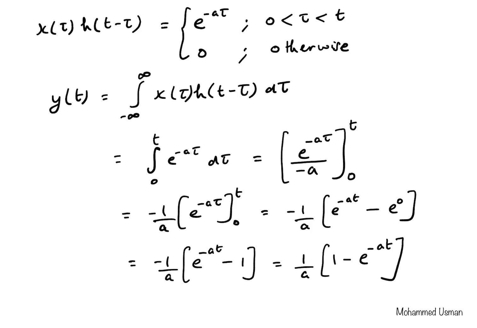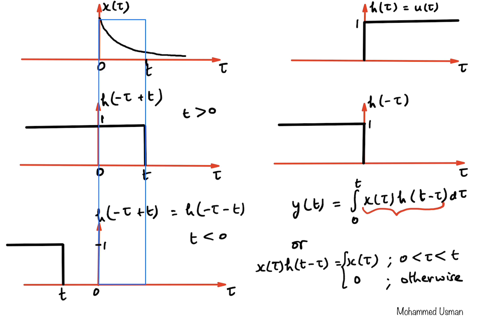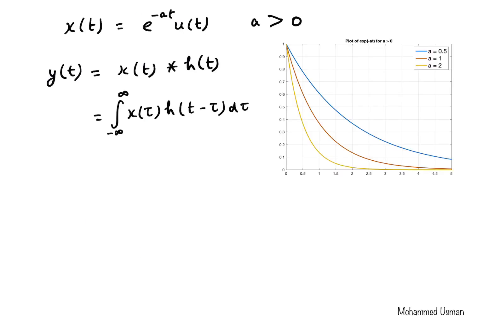So we have seen how to compute the impulse response of a system and how to perform the convolution operation. Basically we have to check the region where the product inside the convolution integral is non-zero, and we integrate only in that limit, finding the value of this product in the range of tau where it is non-zero.